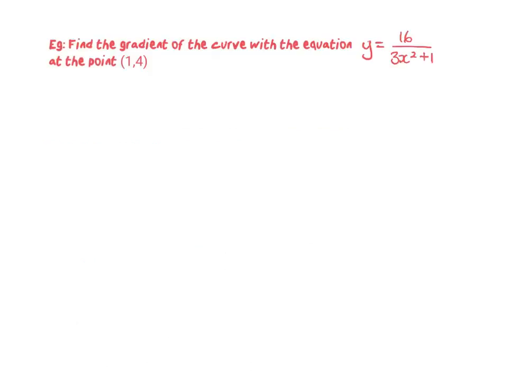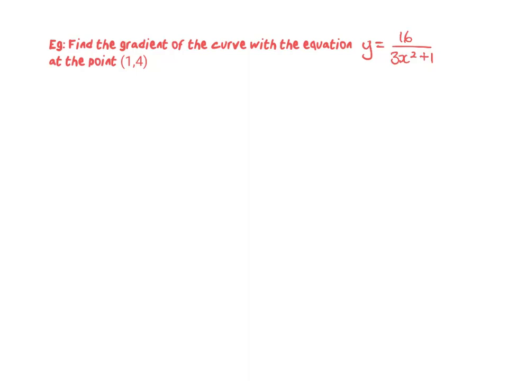Okay, so with this one, find the gradient of the curve, or the derivative, with the equation y equals 16 over (3x squared plus 1). We can't simplify or cross cancel that like we have in previous questions.